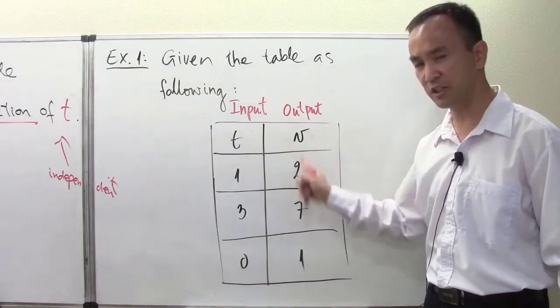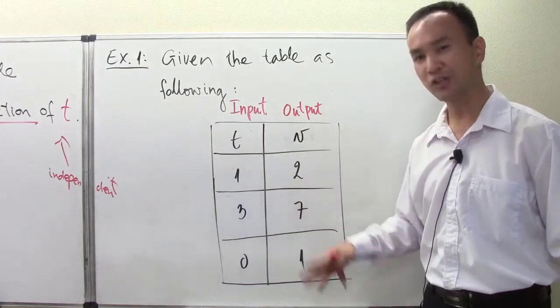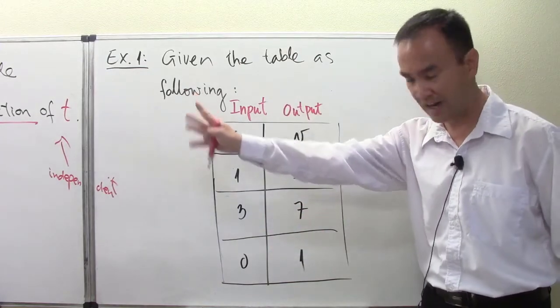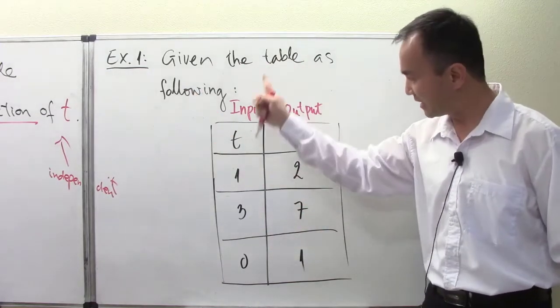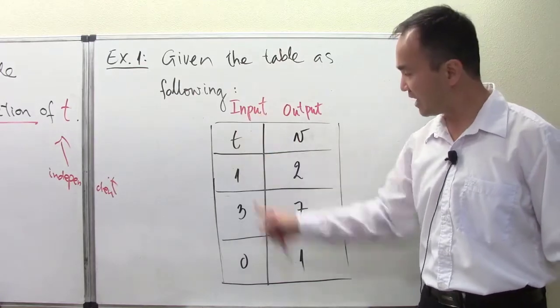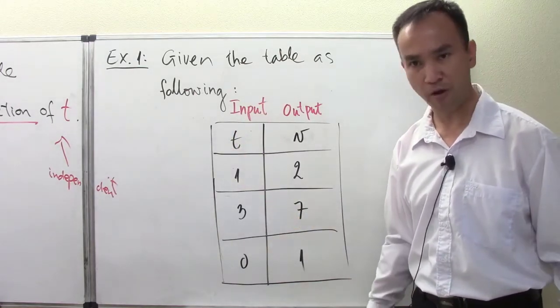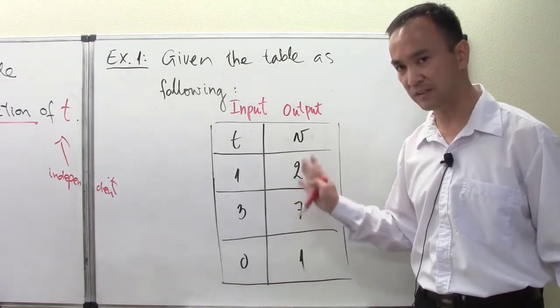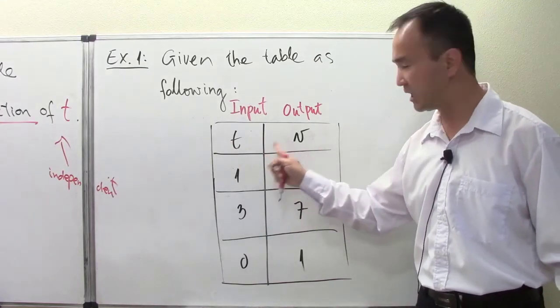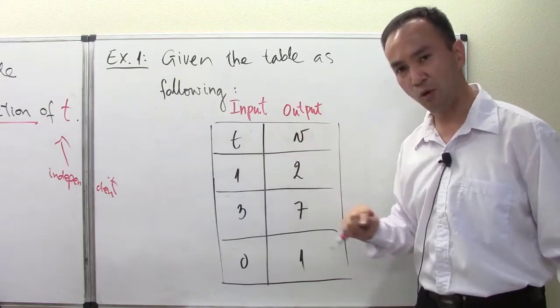So any one of the two variables here can be the input. The problem wanted us to see V as the output and t as the input. That's completely okay, no need to decide, because any one of these can be the input, and the other one is, of course, the output.